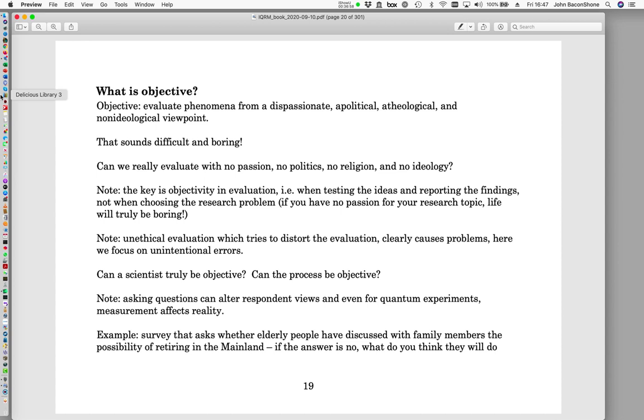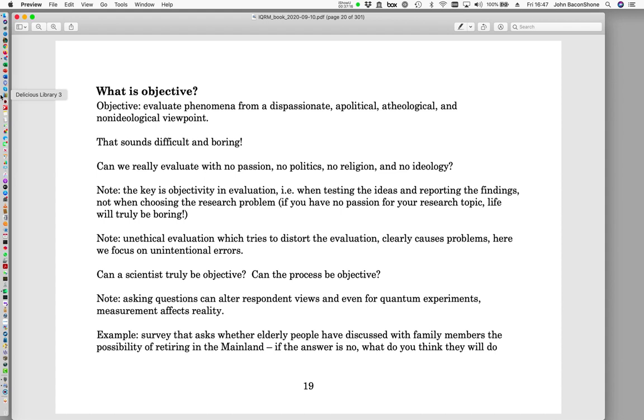So again, hopefully you have some passion for your research problem and your research domain, but to be good researchers, we need to evaluate things from this dispassionate, apolitical, atheological, and non-ideological viewpoint.